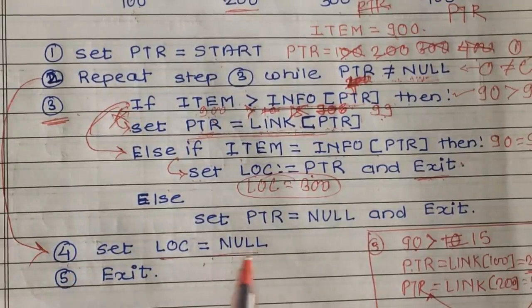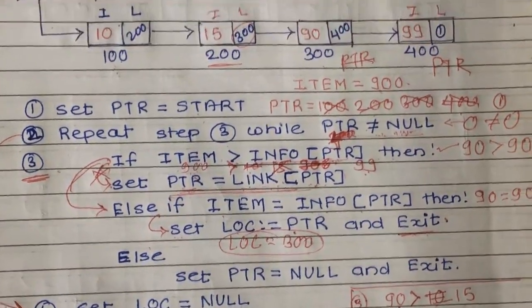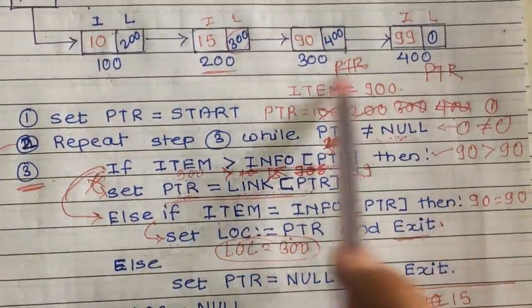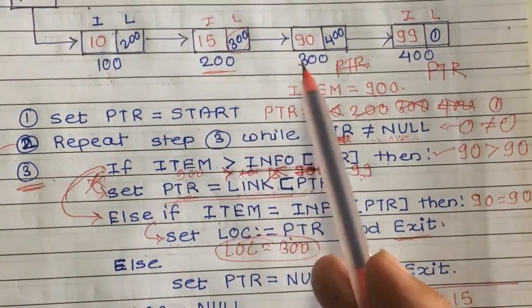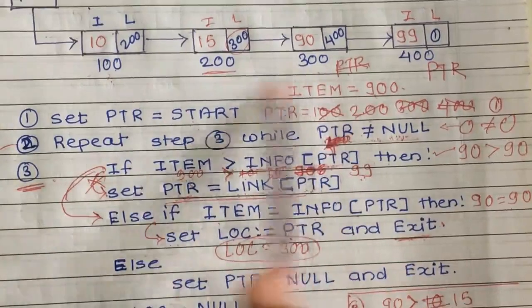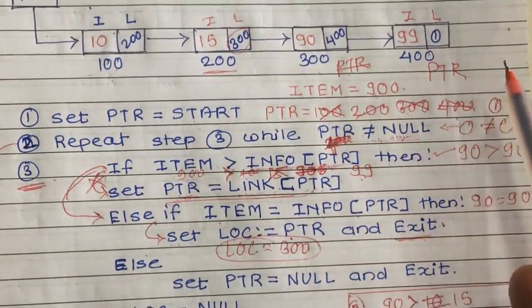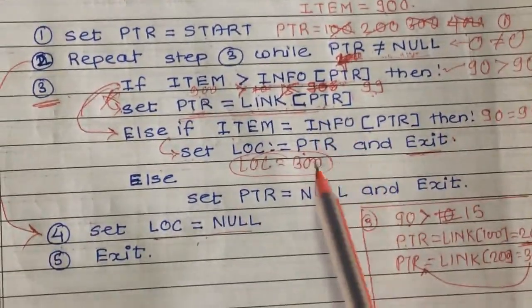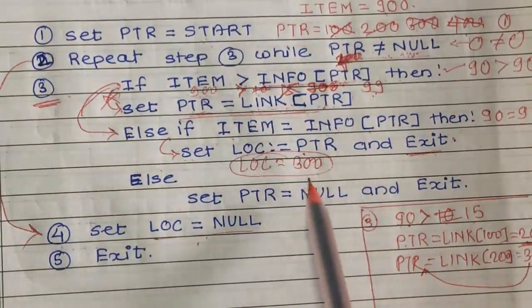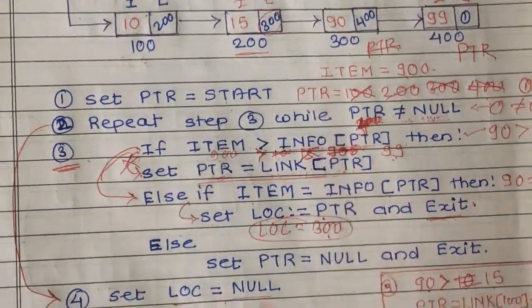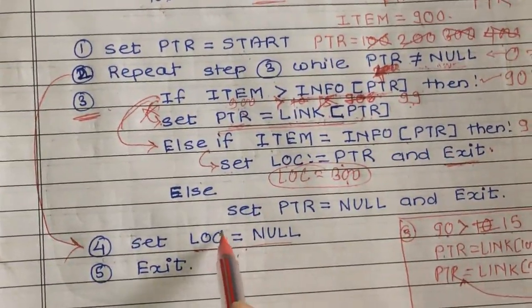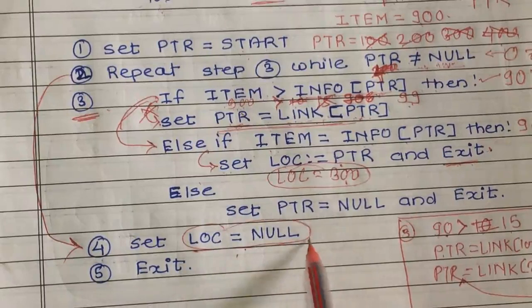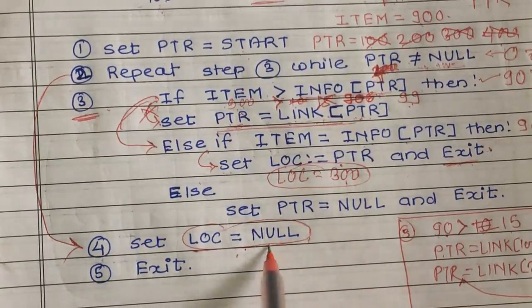When we set LOC is equals to null, it indicates that the element we are searching for is not present in that particular linked list. As we know, 900 is not there in this linked list. Initially the location of 90 was set, but as 900 is not there, we have to set the location to null. That's why this step is written: if the element is not present, we simply set LOC to null.